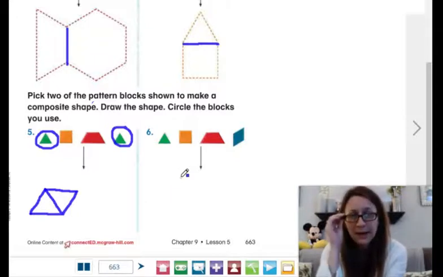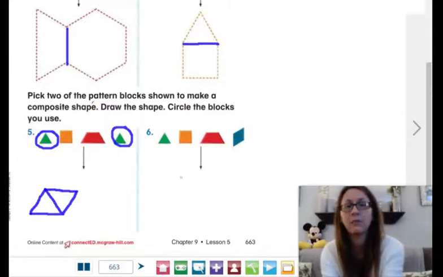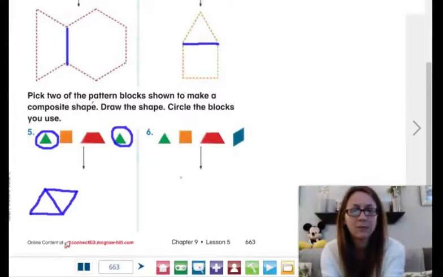So for number 6, we have some different choices here. We have a triangle, a square, a trapezoid, and then our parallelogram or diamond. So this time I am going to do the trapezoid and the square.